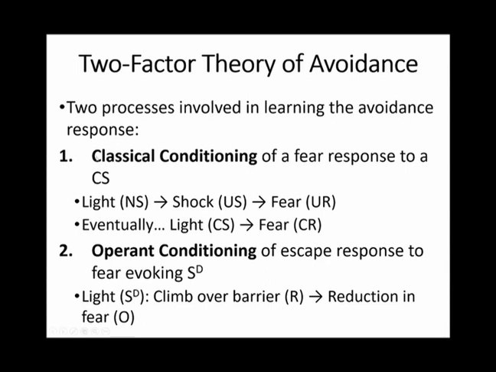And so if we think back to our section on classical conditioning, at the beginning, a red light on the wall doesn't really mean much to a rat. So that's going to start as a neutral stimulus. There's no meaning to it. So that red light turns on, doesn't mean anything to the rat, but then the floor becomes electrified.